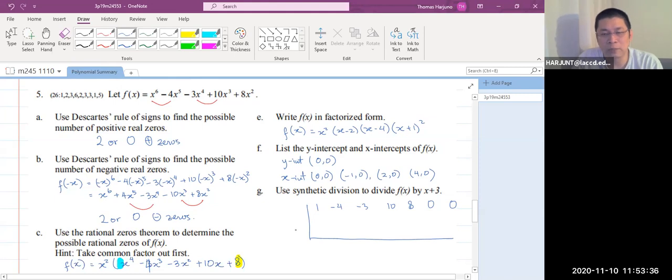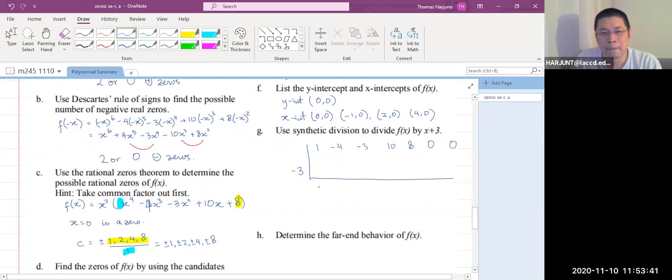When you divide by x plus 3, the number will be -3 here. 1, -3, -7, 18, -54, -44, 132, 140, -420, positive 1260.